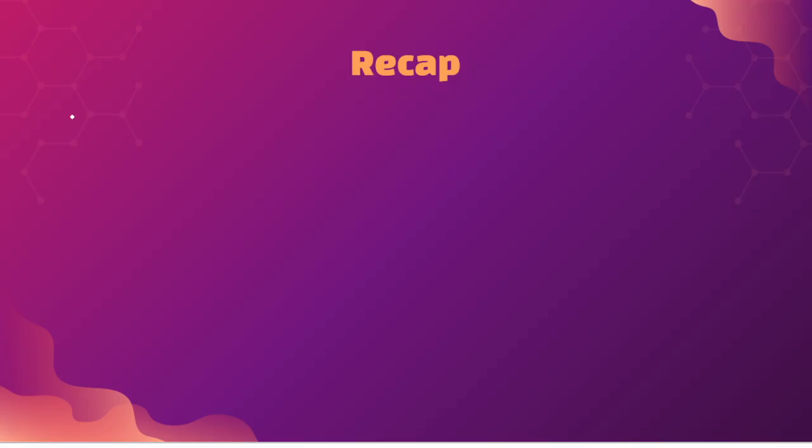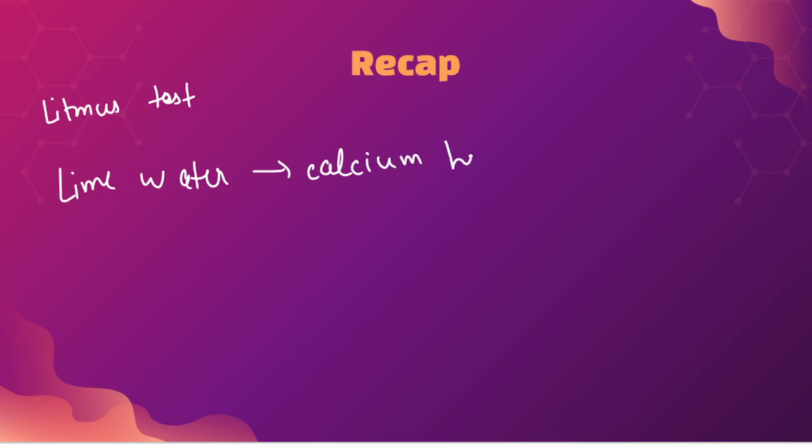Perfect, let's move ahead. This is the recap. We did the litmus test. On doing the litmus test we found out which substances are acidic, basic and neutral, and also the color changes. Then we grouped those substances into acidic, basic and neutral. I did the acidic one, basic and neutral you will do. Then we prepared lime water. Its chemical name is calcium hydroxide, which is made from calcium oxide plus water.